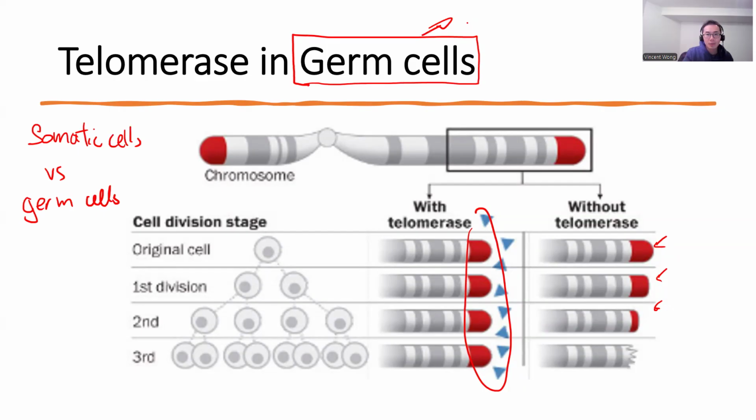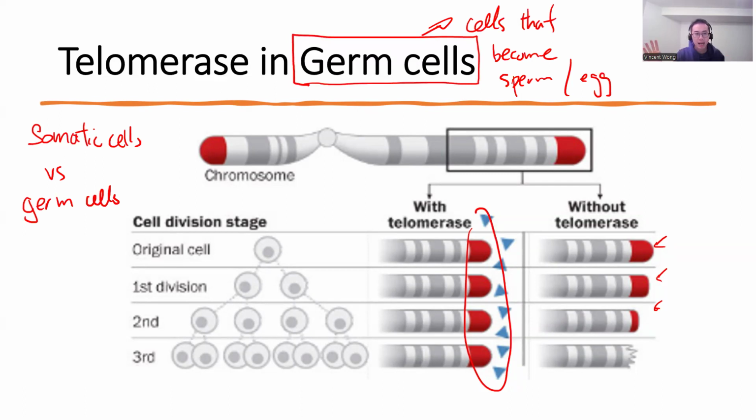Germ cells are cells that will become sperm in male or egg. These are the cells that will become reproductive cells. Somatic cells is everything else. So like your skin cells, brain cells, heart cells, liver cells, those are somatic cells.